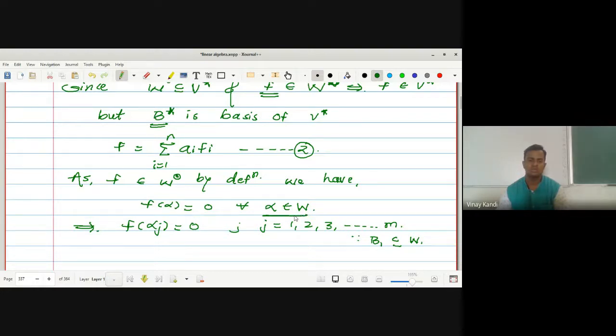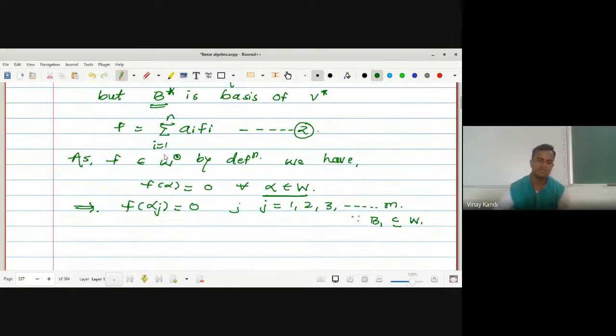This one is the definition. Okay, this F, how is it written?